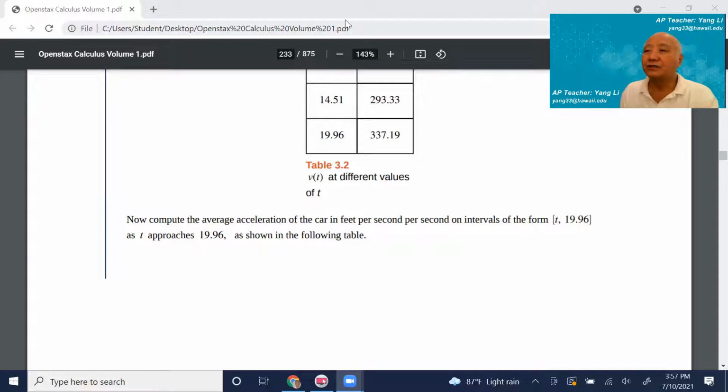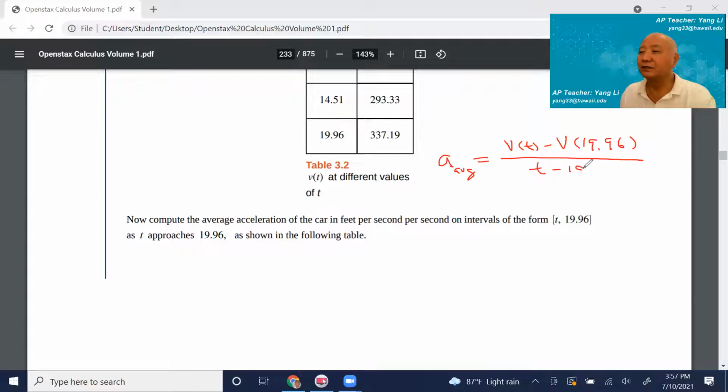So the average acceleration equals V(t) minus V(19.96), divided by t minus 19.96. Okay, you got this now, right?